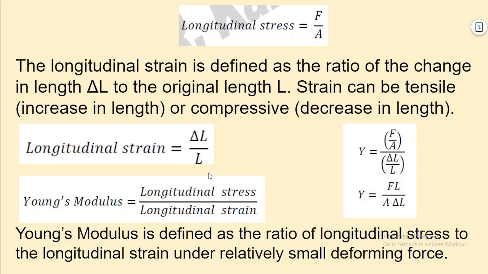Suppose L is the original length and delta L is the change in length, then the longitudinal strain is defined as the ratio of the change in length delta L to the original length L. So the longitudinal strain is equal to delta L by L. And this strain can be tensile, if there is an increase in length, or compressive if there is a decrease in length.